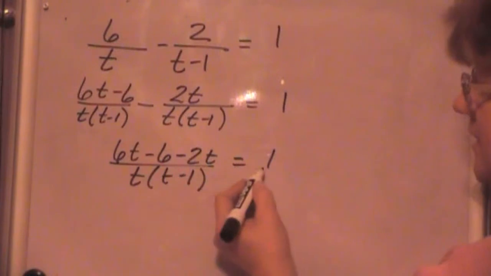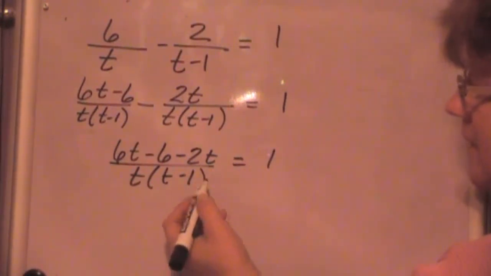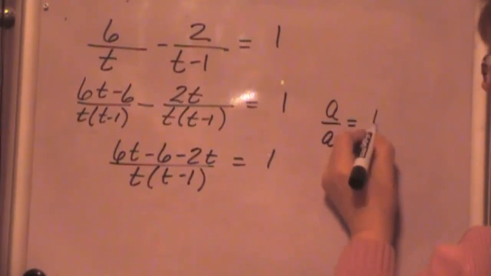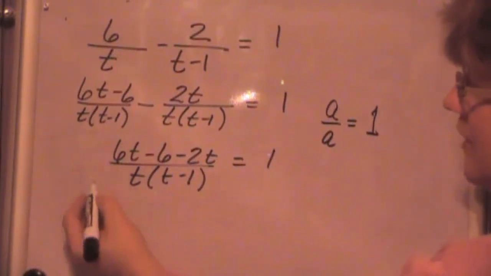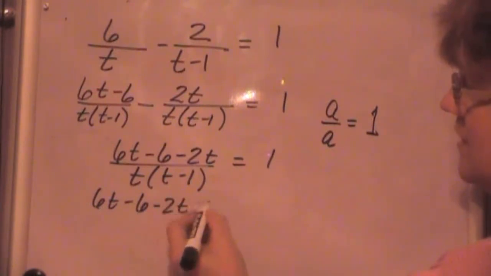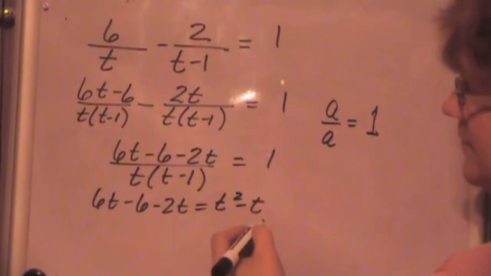If you have a fraction and it's equal to 1, that means the numerator is equal to the denominator. Remember what I said, a over a is equal to 1. So that means that numerator, 6t minus 6 minus 2t, better be equal to t squared minus t.